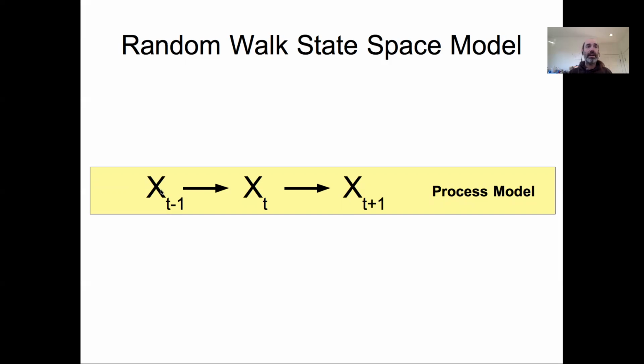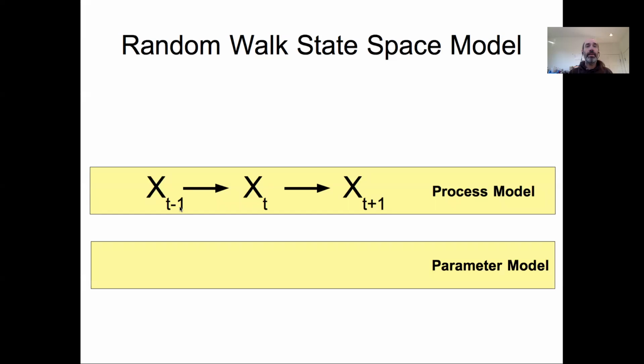So in that case, there's not actually any process connecting X at t minus 1 to X at t plus 1 other than process error. So at the hierarchical level, there's no parameter variability, and the only parameter that we need to understand is sigma, the process error. And that sigma applies to each of these X's. Actually, you can almost imagine it applies to the transition from one X to the next X.